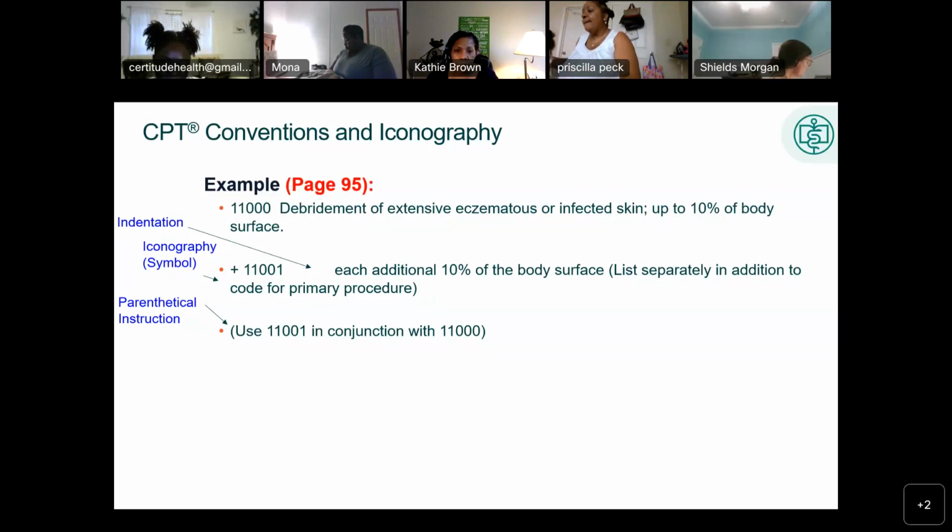The first code, 11000, is under the subcategory of debridement. And a debridement is a surgical procedure that they perform when they have to cut away dead tissue until they find viable living tissue to help with wound healing.